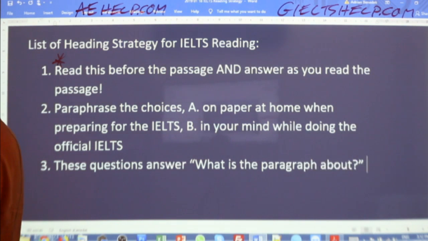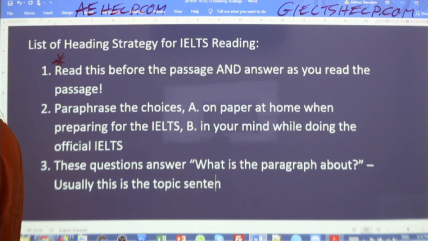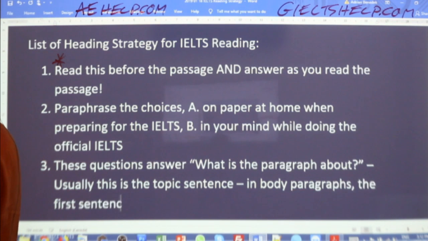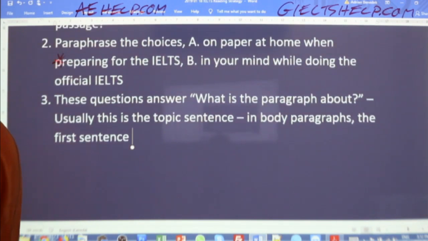Okay, usually this is the topic sentence, okay? In body paragraphs, the first sentence, okay?